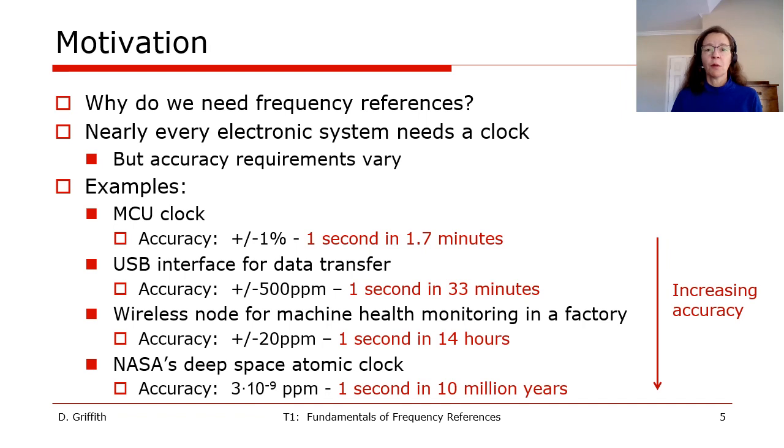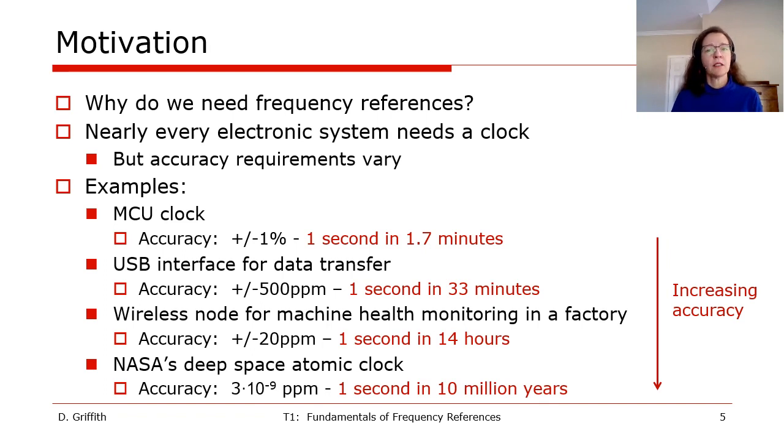For example, a microcontroller clock may only need to be accurate to plus minus 1%, which is 1 second in 1.7 minutes. However, a USB interface for data transfer requires clock accuracy of 500 parts per million, or ppm, which is 1 second out of 33 minutes. A wireless node used in a factory for machine health monitoring probably needs an accuracy of 20 parts per million, which is 1 second in 14 hours.